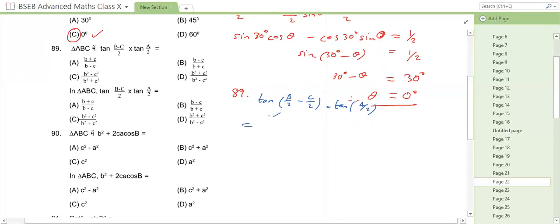Also note that A over 2 plus B over 2 plus C over 2 is equal to 90 degrees. In other words, A plus B plus C, these are the angles of a triangle, which is equal to 180. So dividing by 2 should give us 90 degrees.